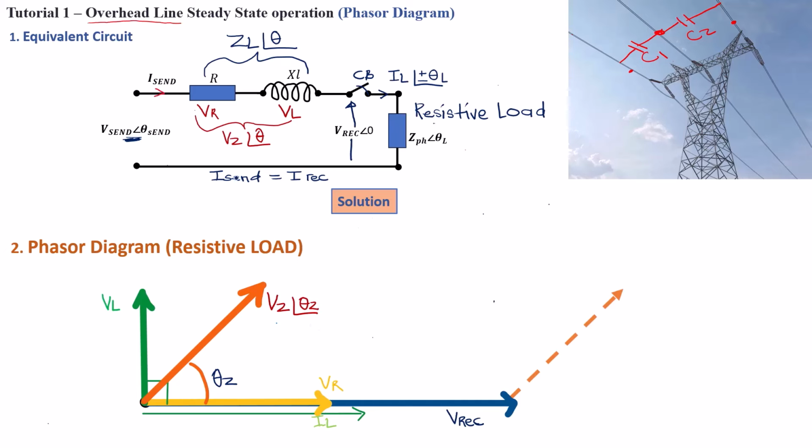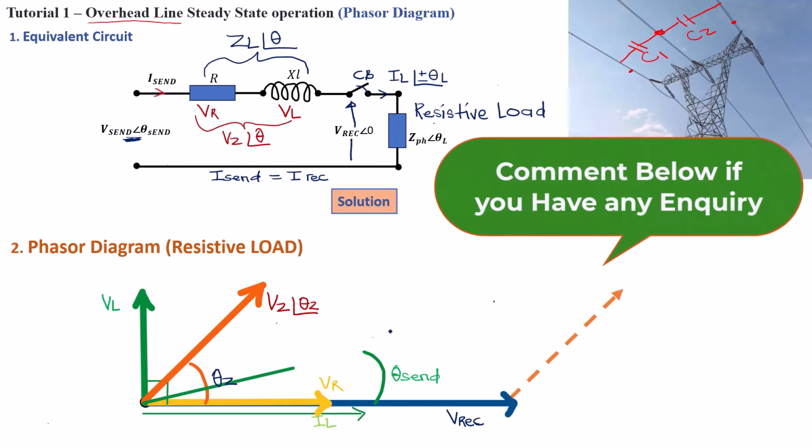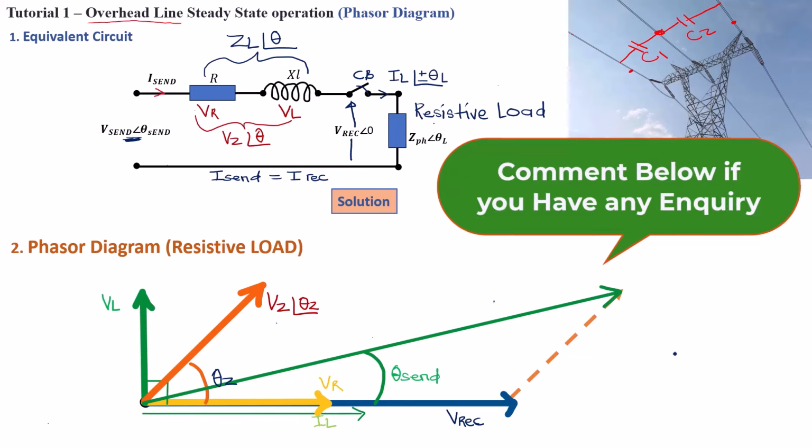So let's go ahead and place that angle. This is going to be the V sending angle. We can place theta sending right here, the angle of the sending voltage. Now we can draw V sending from the origin.